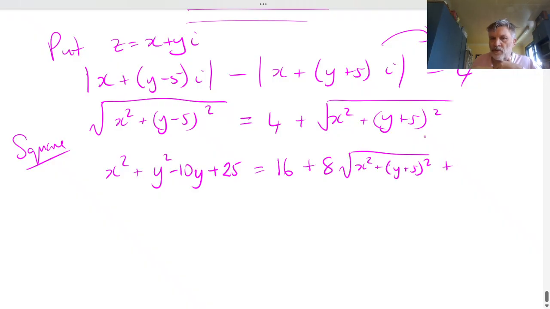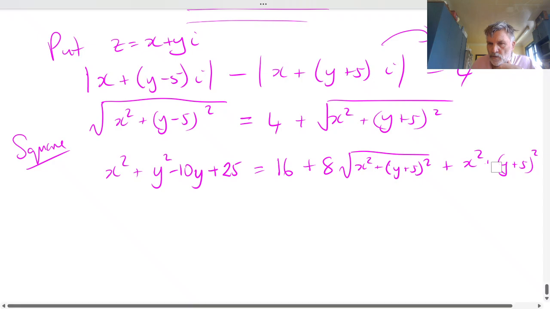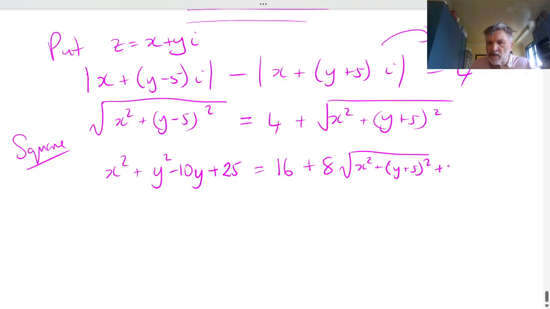And then plus, when you square this, you get rid of the square root. I'm going to need to be more economical with my screen space. So that's x squared plus y squared plus 10y plus 25.